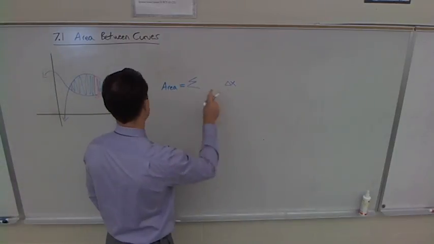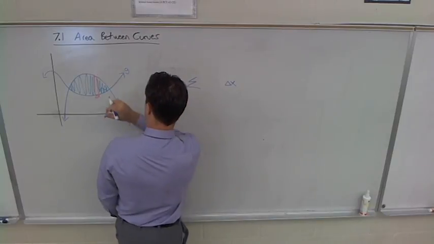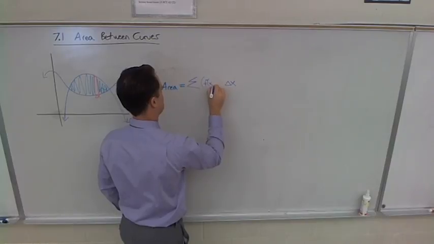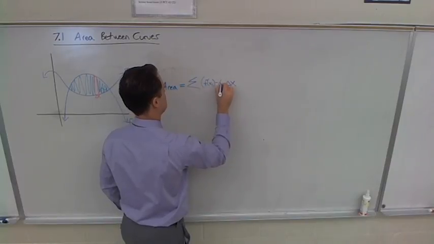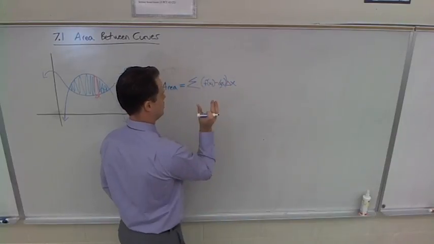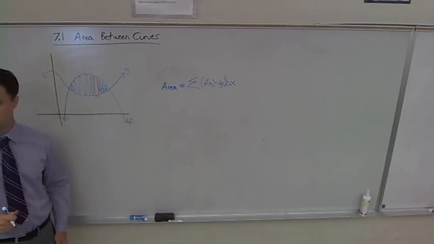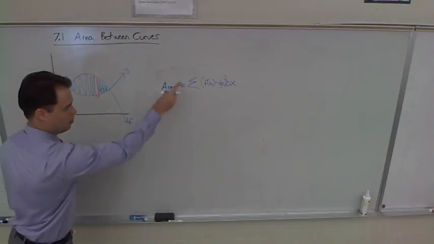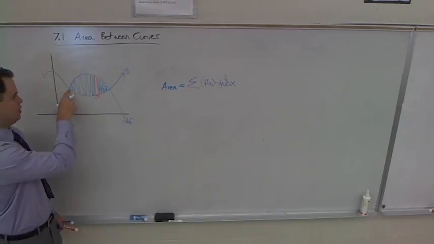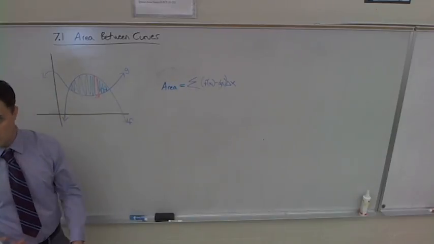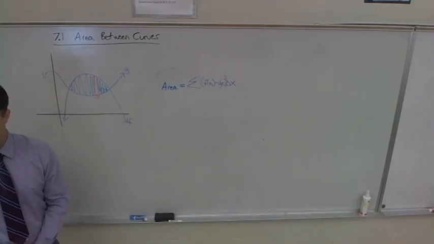So we've got that, and then this part is going to be f of x sub i minus g of x sub i. So that's height times width equals the area of said red rectangle. Add up all red rectangles from here to here. That's how we'd have to mess with the indices here, right? And you get the area between the two curves.